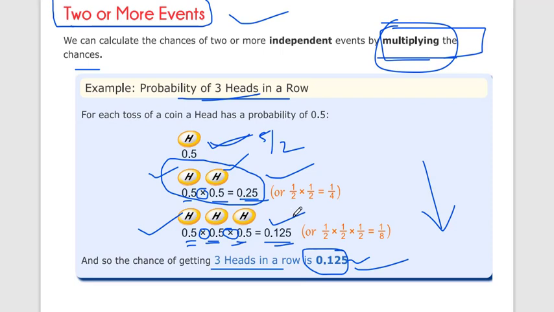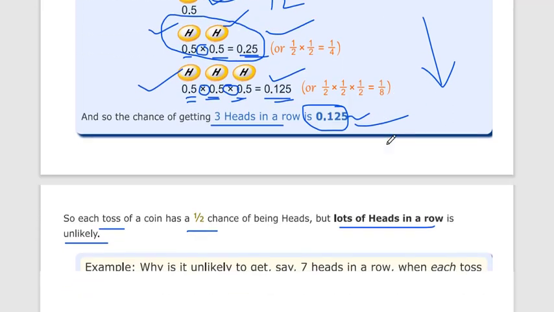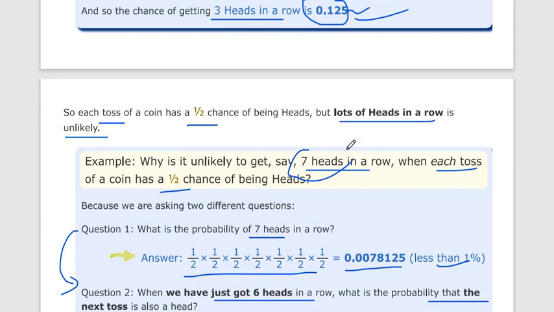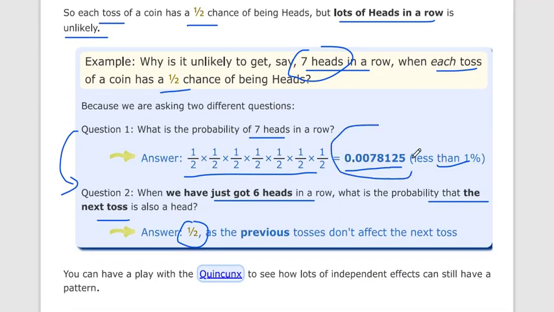So if you increase the heads in a row, the chance of it happening decreases. You are unlikely to get 10 heads in a row; 7 heads in a row has less than a 1% chance of happening.